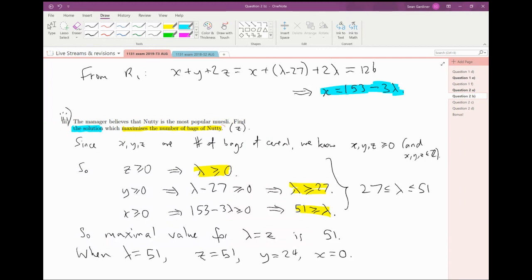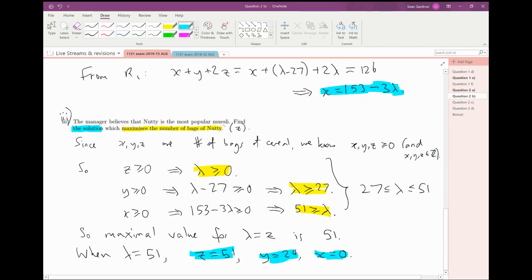I should probably spell out what y and x are as well. That's what I would do. If someone's asking for a solution to a linear system, that means they want all three values, or all n values, right? Now, as for how this exam worked out, I haven't seen the marking scheme, so I don't know if reaching lambda equals 51 was enough.